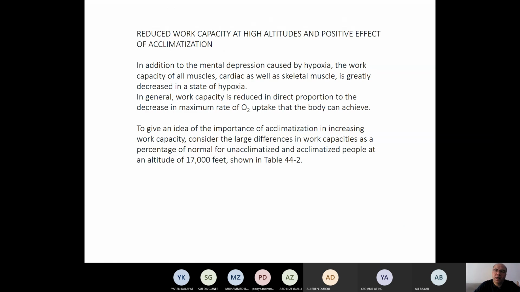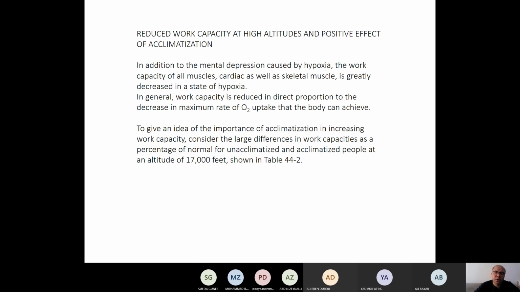Reduced work capacity at high altitudes and the positive effect of acclimatization. In addition to mental depression caused by hypoxia, the working capacity of muscles, both cardiac and skeletal, is greatly decreased in the state of hypoxia. In general, work capacity is reduced in direct proportion to the decrease in maximum rate of oxygen uptake that the body can achieve.